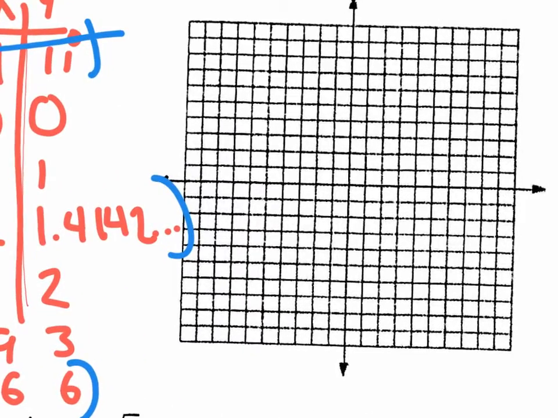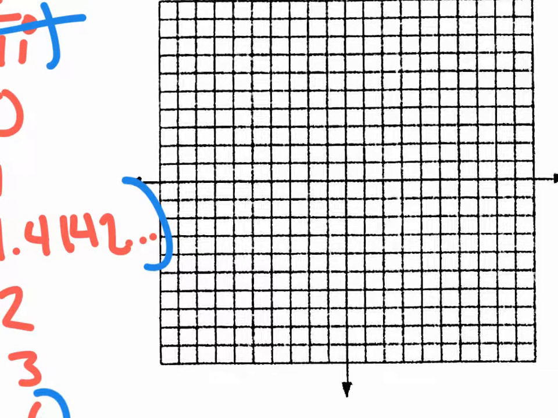Let's go to 0, 0. 0, 0 is right here. If we go to 1, 1, it's right here. If we go to 4, 2, 1, 2, 3, 4, up 2, it's right there.